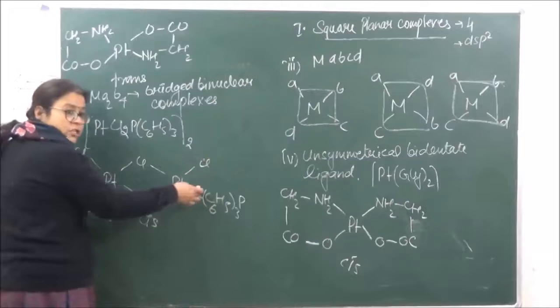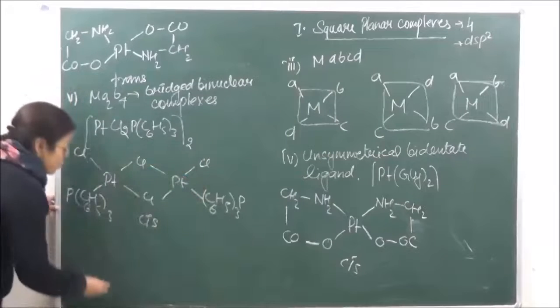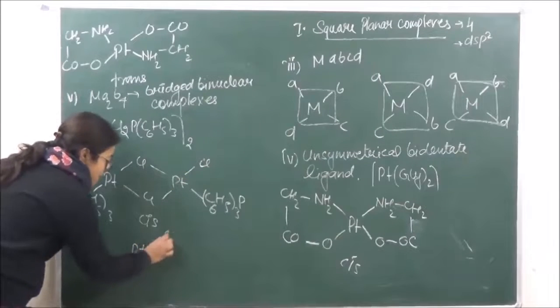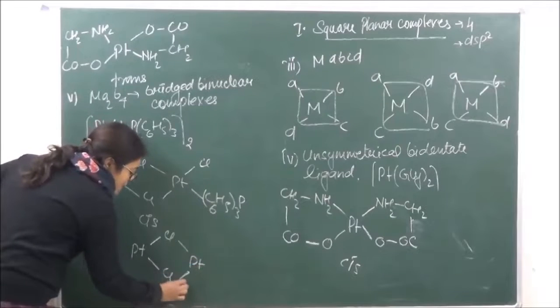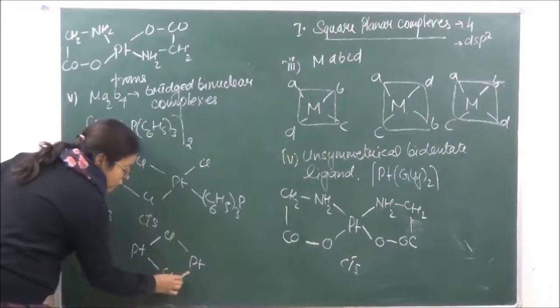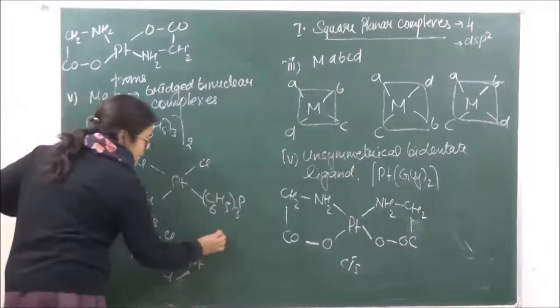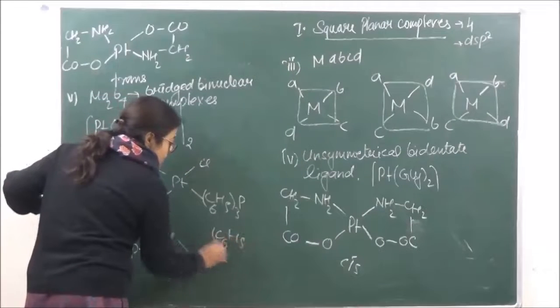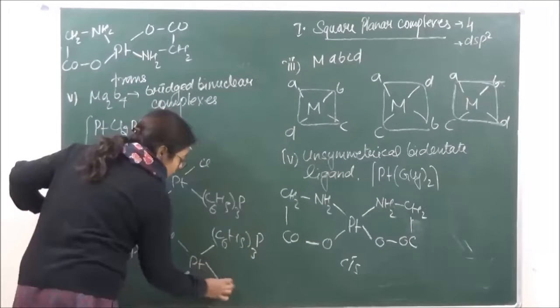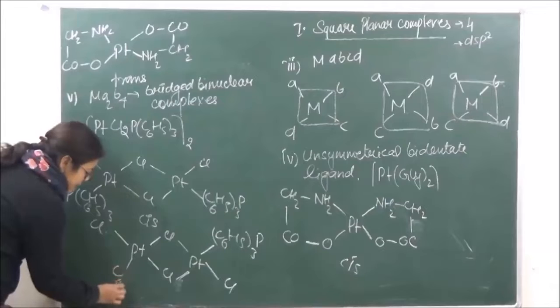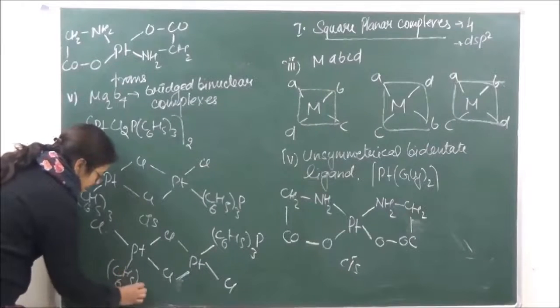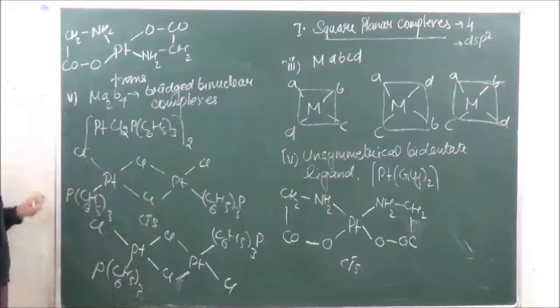This is going to change its position. So we have over here platinum, chlorine, platinum and platinum. Sorry, chlorine, and here what do we get? C6H5 thrice phosphine and chlorine, and over here we have chlorine and phosphine.